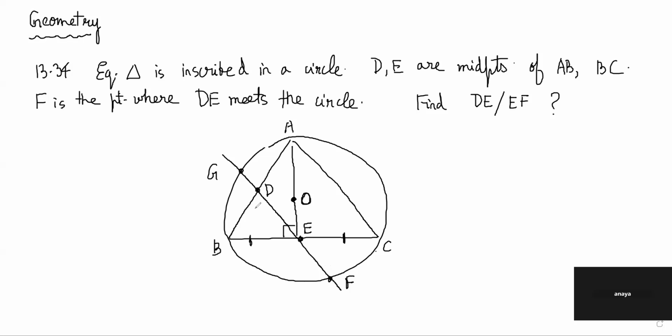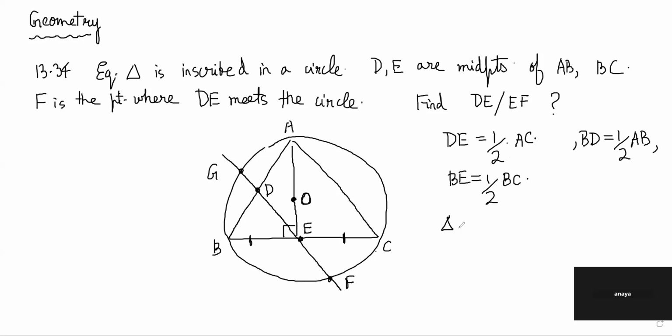The line DE is the line joining the midpoints, so DE is going to be half of AC. BD is half of AB, and BE is half of BC.